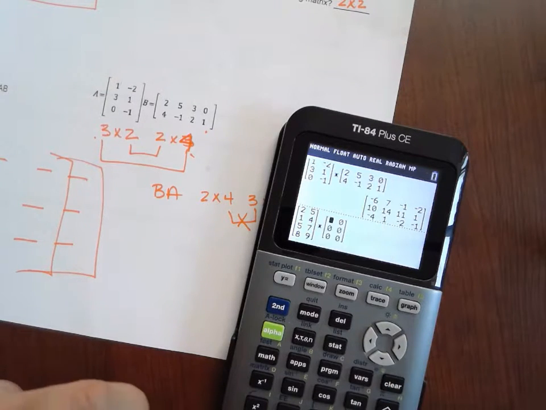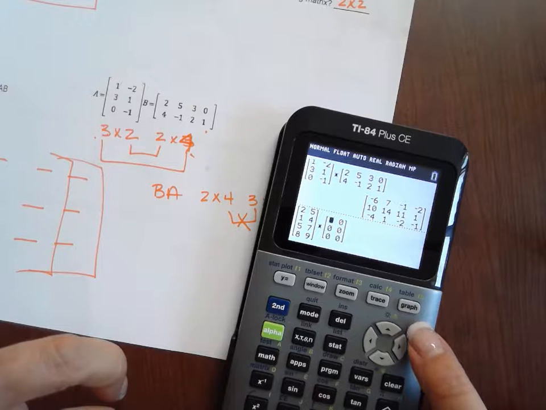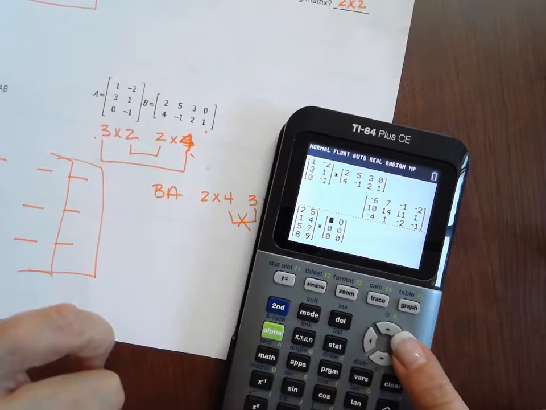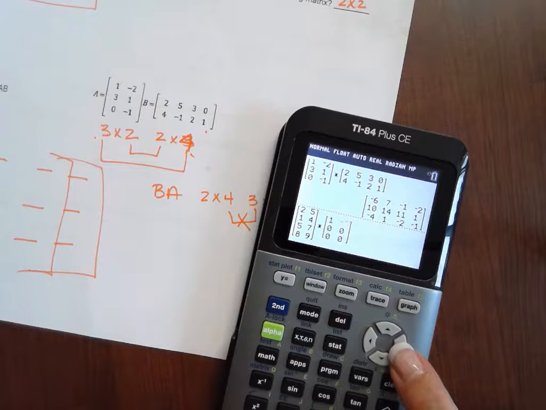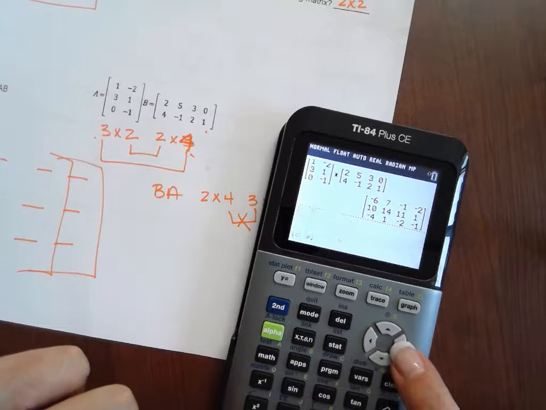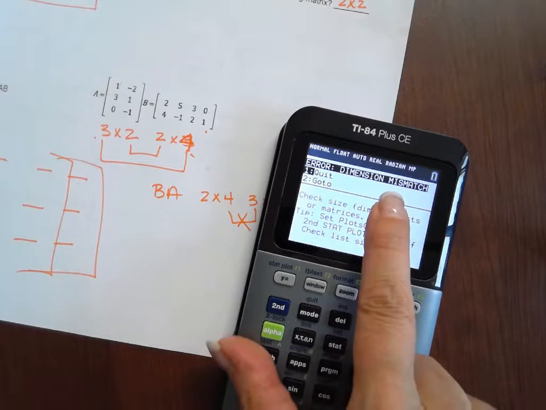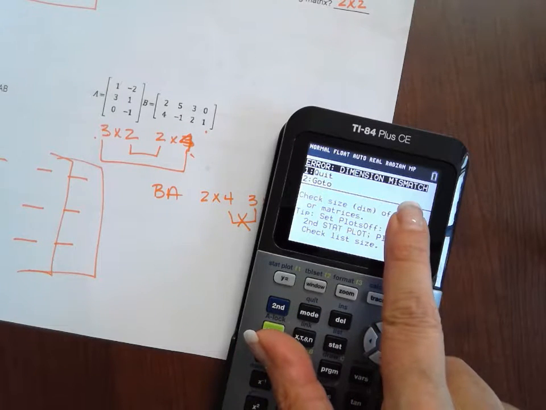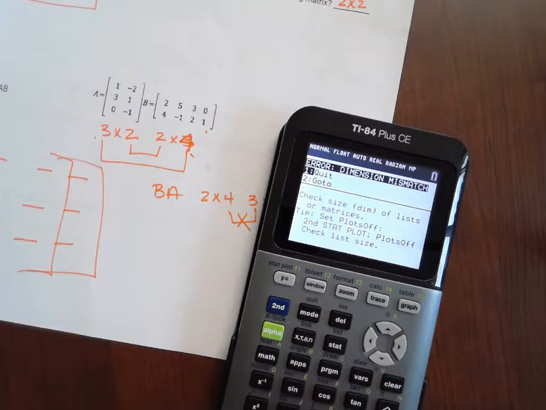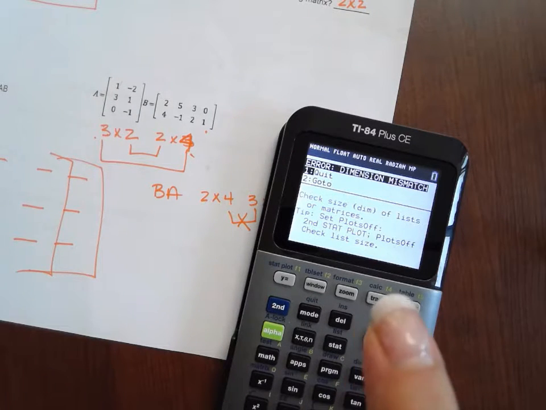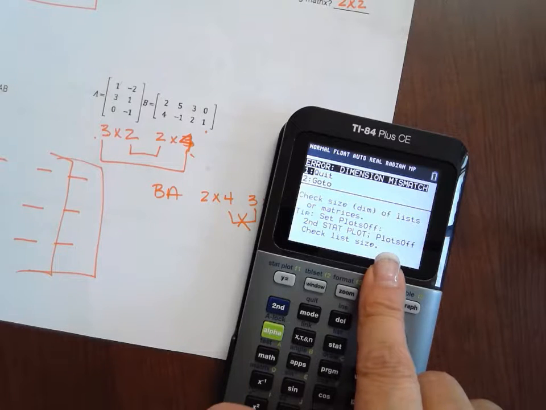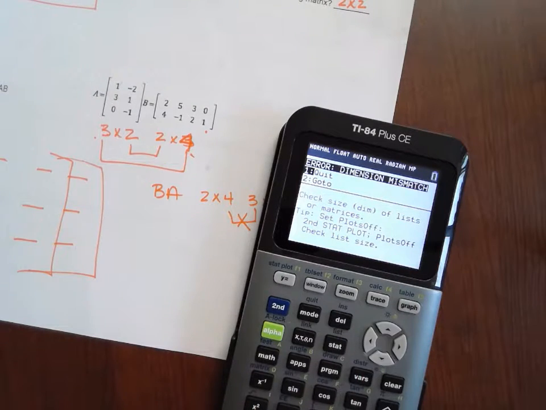Right? And then let's just put in 1, -4, 5, 8, 7, 8. Dimension mismatch. Okay? Meaning the dimensions of your matrices don't match and you can't do it. So even if you forget that rule, the calculator will tell you as well.